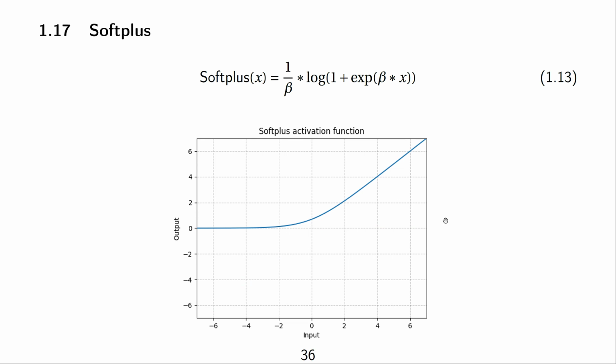Softplus is an approximation to the ReLU function. The output is always positive, and you have this shape parameter beta that lets you select a trade-off between how smooth you want it and how closely you want to approximate the ReLU function. The default parameter for beta is 1.